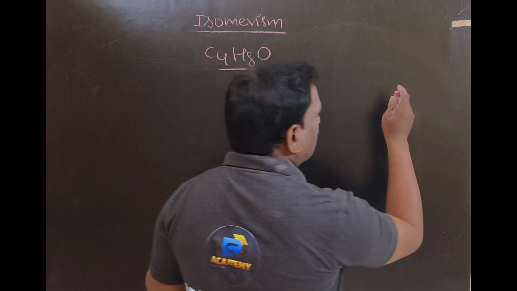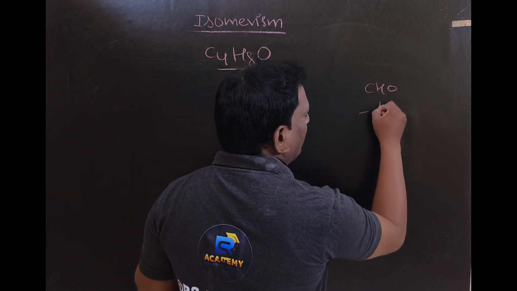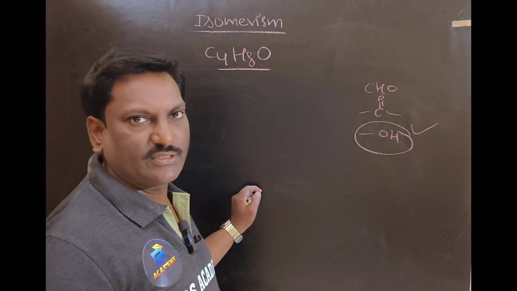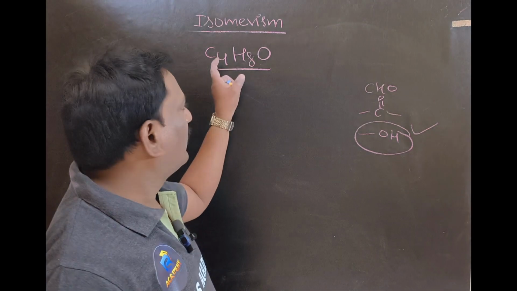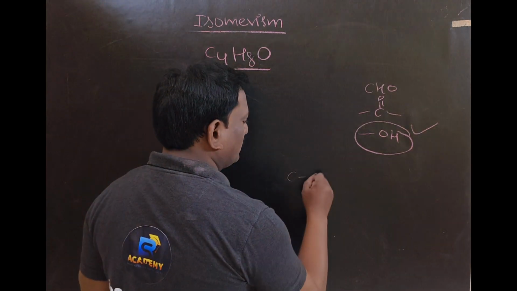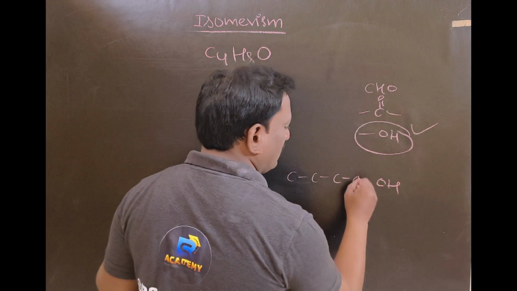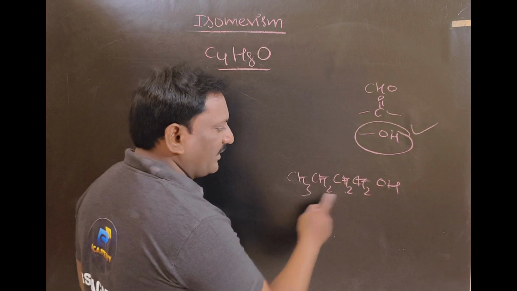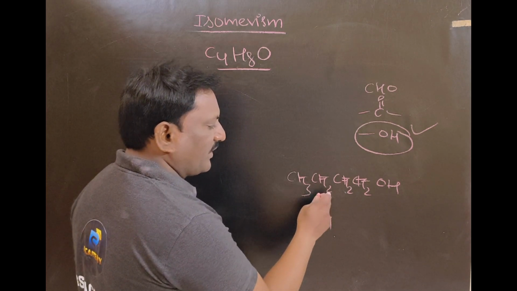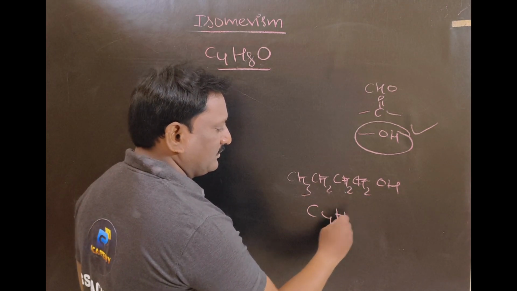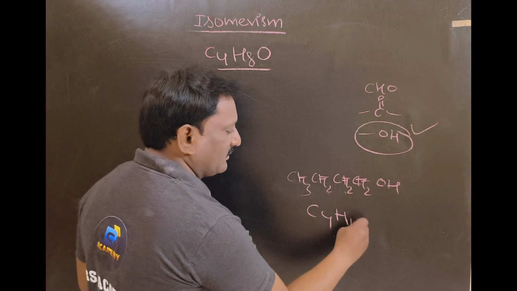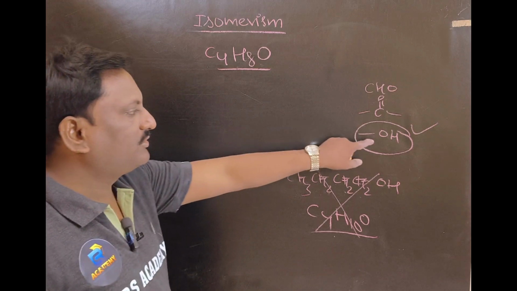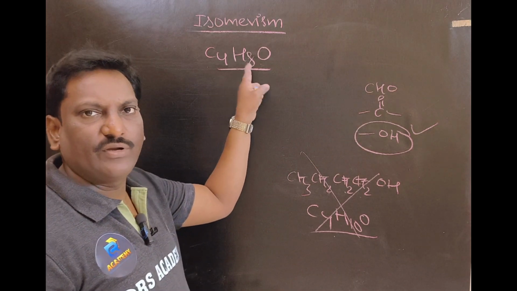It's not possible to draw the alcohol structure, because such a formula does not exist. Let us check once. 1, 2, 3, 4 carbons: OH, CH2, CH2, CH2, CH3. Here, how many carbons? 4. Hydrogens: 10, and one O. So we can't draw the alcohol structure using the chemical formula C4H8O.